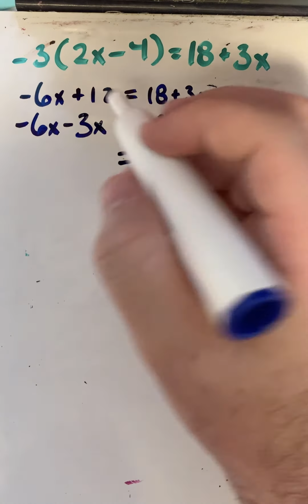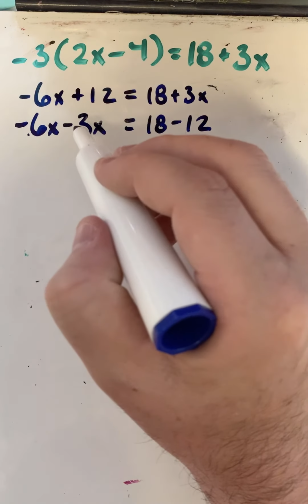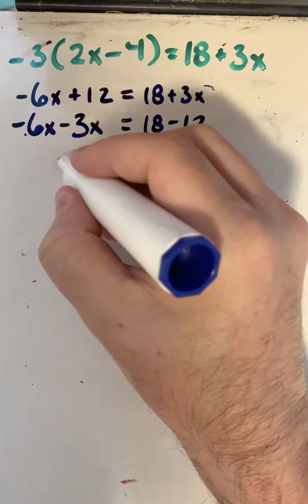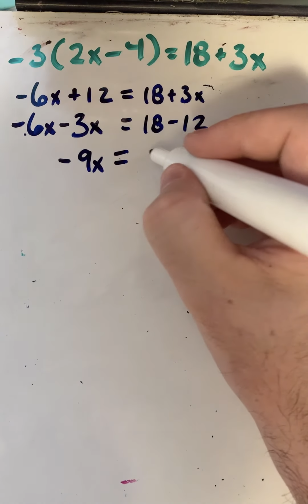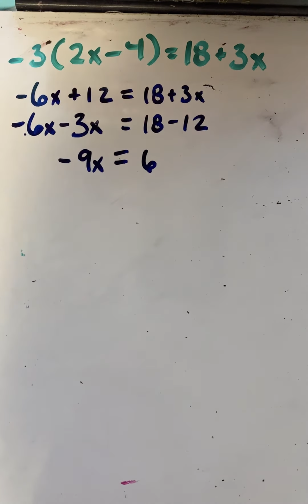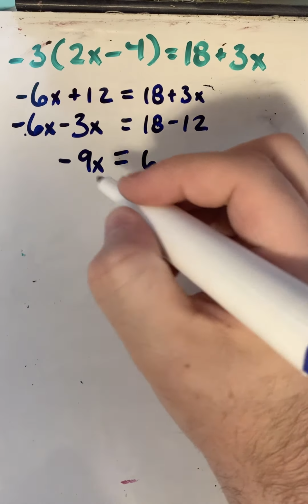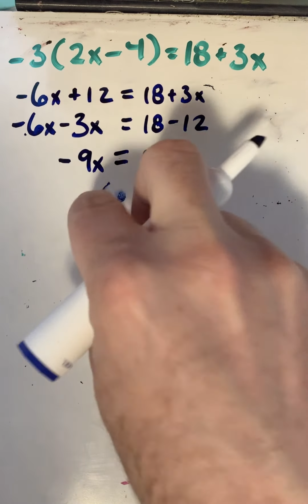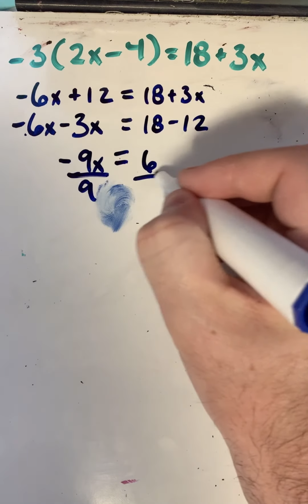A negative number minus a number is always going to get a bigger negative number. So it's going to be negative 9x equals 6. We know we're going to get a decimal here. I'm going to divide this by 9 and this by 9.